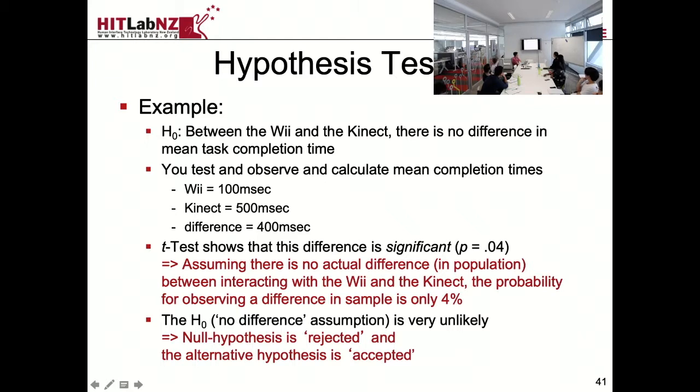Before he analyzed his data, I'm not sure if it was he or she, the person did an experiment and got the data. V was 100 millisecond, Kinect was 500 millisecond. So the difference was 400 millisecond.